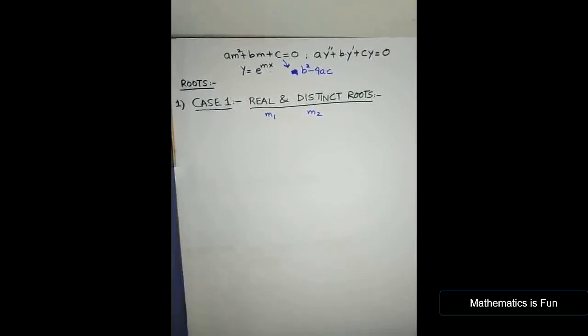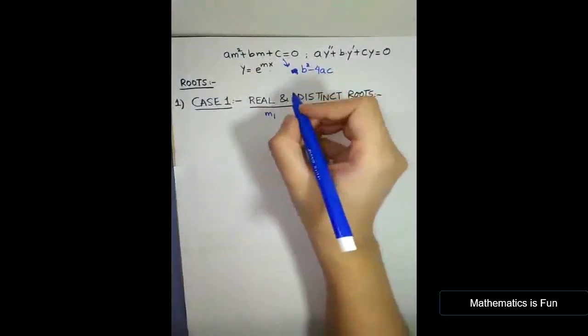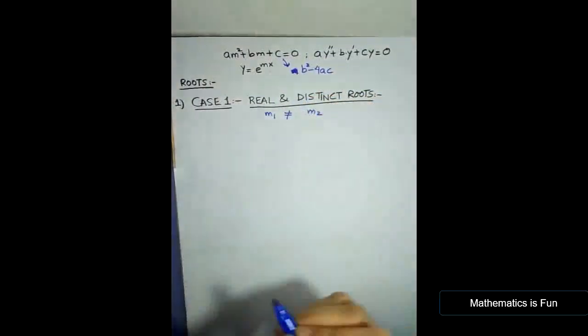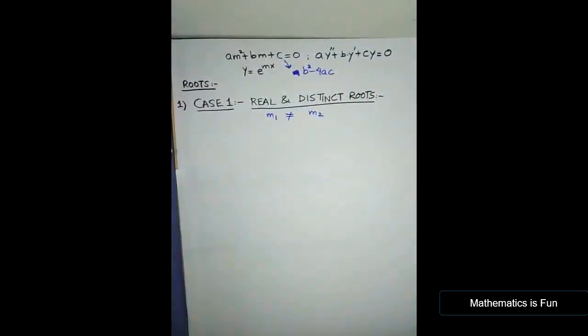For example, m1 is 2 and m2 is minus 5. So these two are real, and distinct means different. These two are unequal roots.